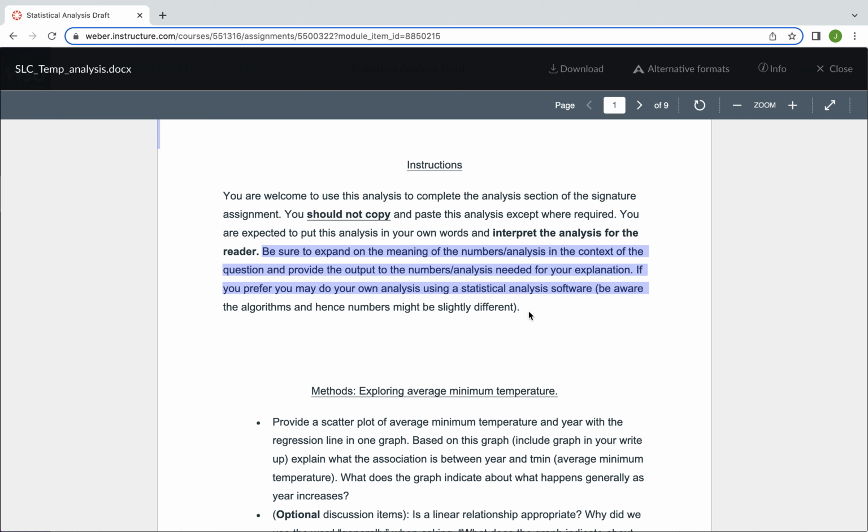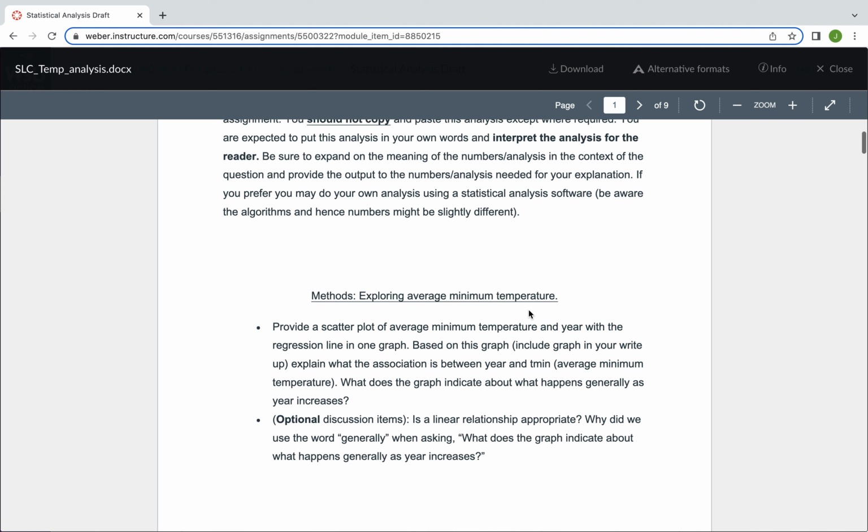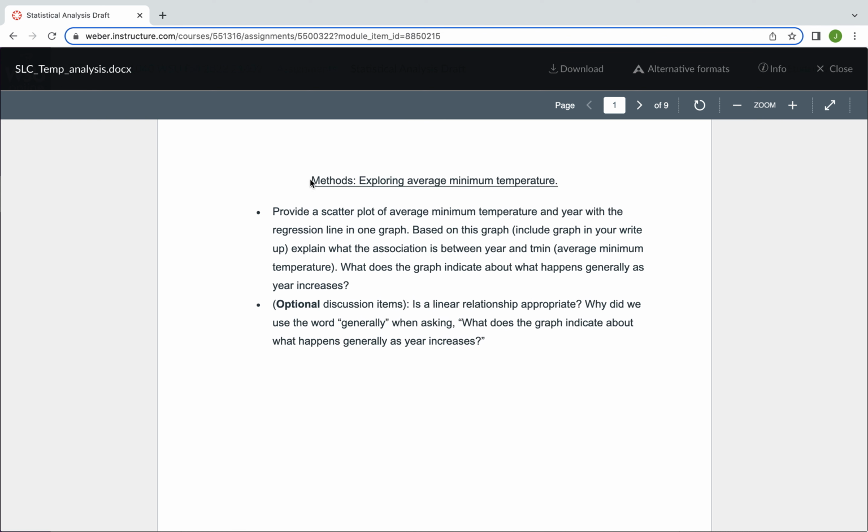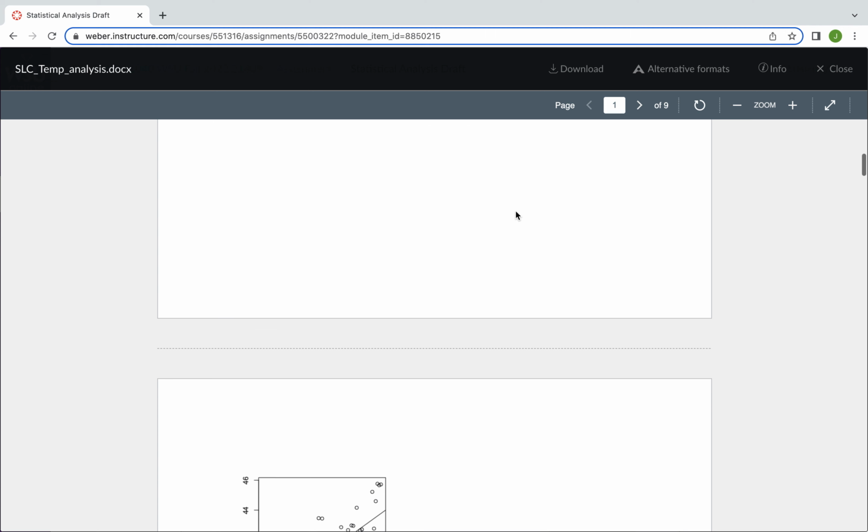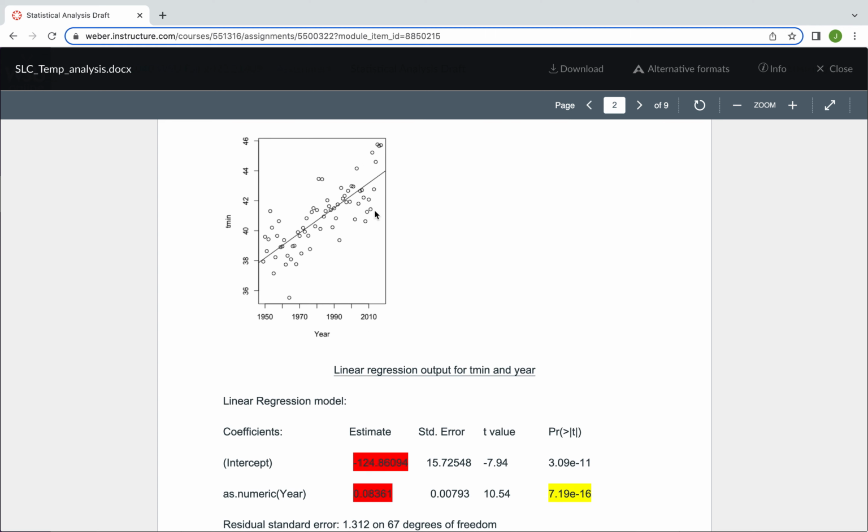If you prefer to do your own statistical analysis, you're welcome to, and I provide the file of the raw data to do so. However, you'll need to know the commands to use in some sort of statistical software to produce this output. So here I have the methods exploring average minimum temperature, and so for example I provide a scatter plot.